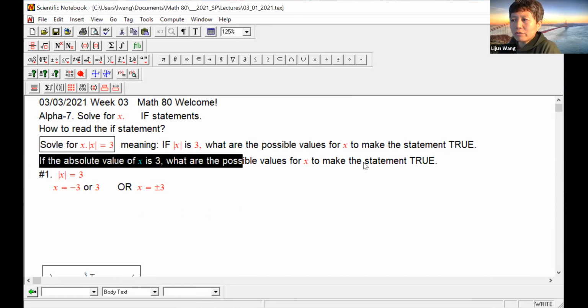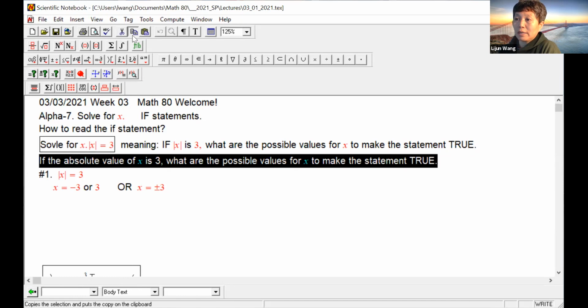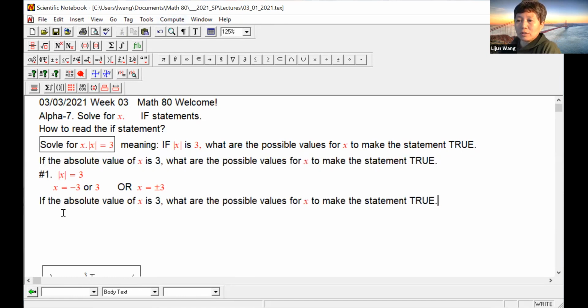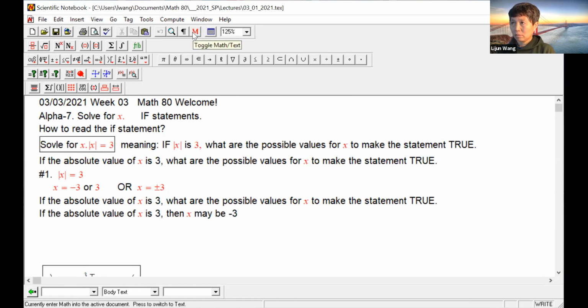If you write in words, you say, if the absolute value of x is 3, then x may be -3 or +3.